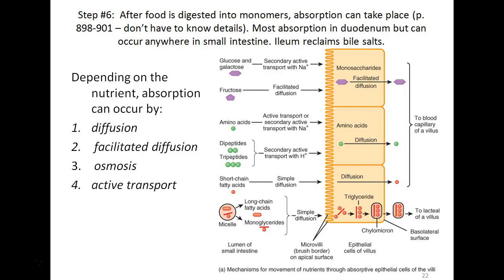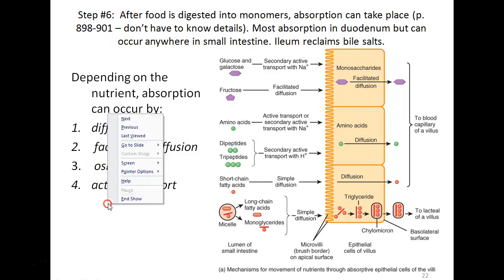This diagram shows step number 6 of the digestive process overall. After this food is digested into those tiny monomers, absorption can take place. Again, most of this absorption is occurring in the duodenum, but it can occur elsewhere in the small intestine. We're going to get a little bit of reclamation of the bile salts in the ileum.